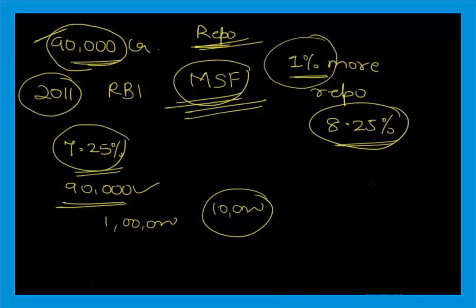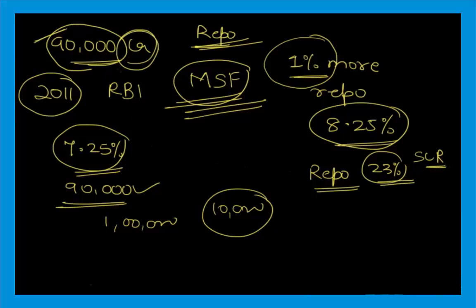The second difference is that in the repo, you had to hold SLR over and above the 23%. That means you had to buy additional treasury bills, government of India bonds or state development loans over and above the 23% of SLR to get the 90,000 crore rupees in repo.